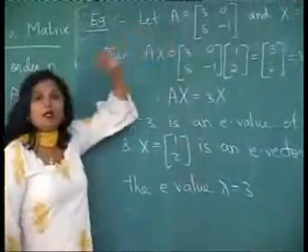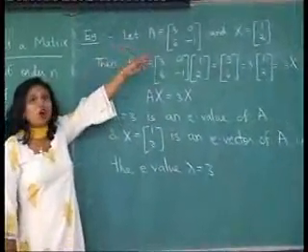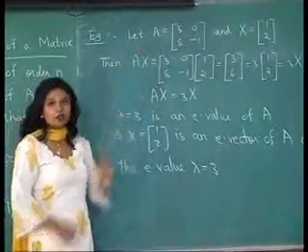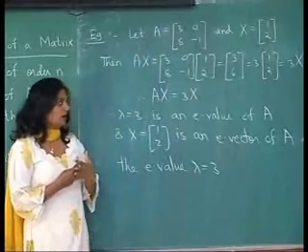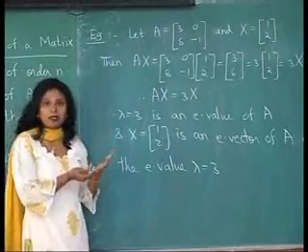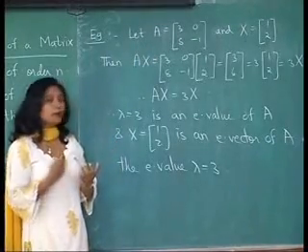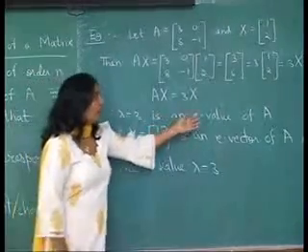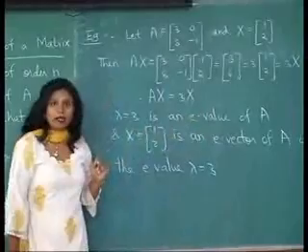Now, in this example, notice that I gave you a vector and we only made sure that it becomes an eigenvector of it. However, given a matrix A, our problem should be how do we go about finding eigenvalues and eigenvectors.